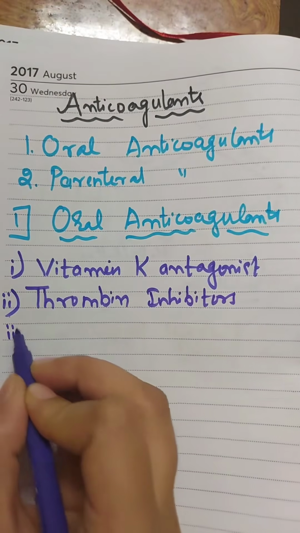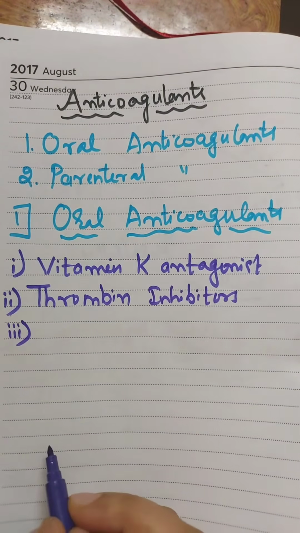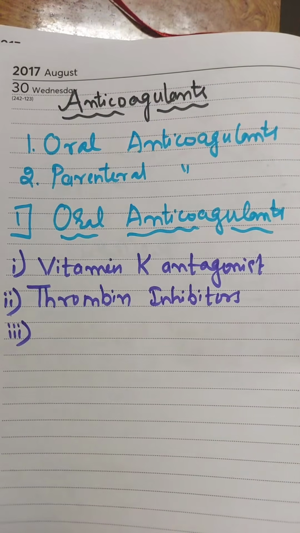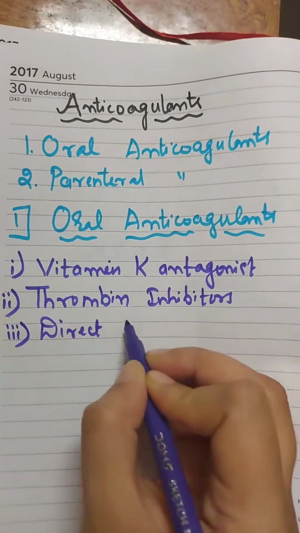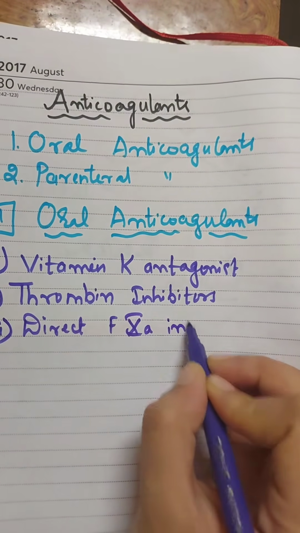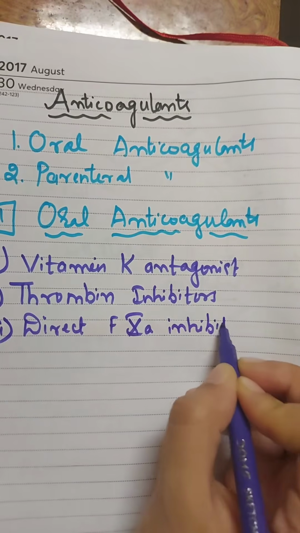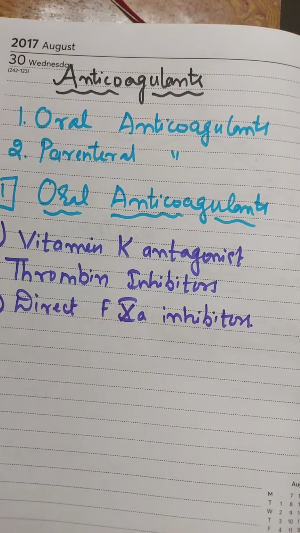And the third type is direct factor 10A inhibitors. We'll discuss these types of oral anticoagulants one by one.